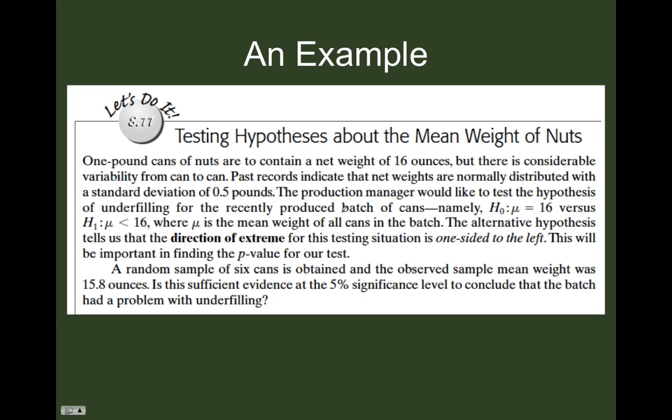A random sample of 6 cans is obtained, and the observed sample mean weight was 15.8 ounces. So what we're being given in the problem is that the weights are normally distributed.